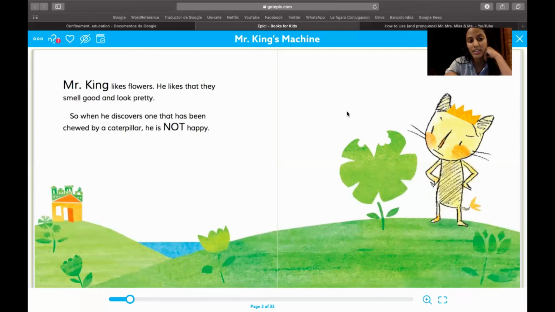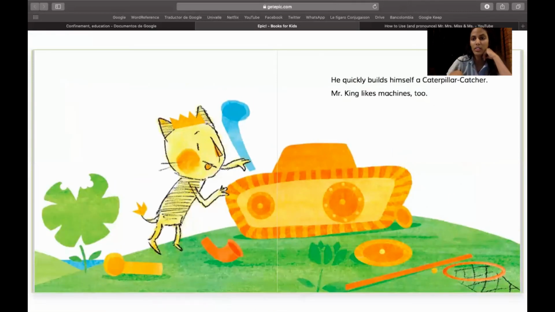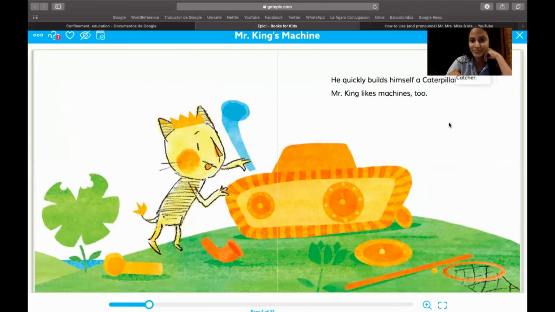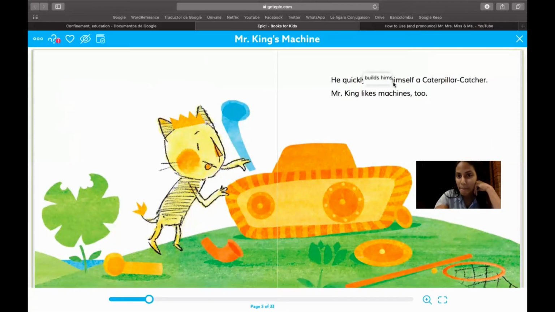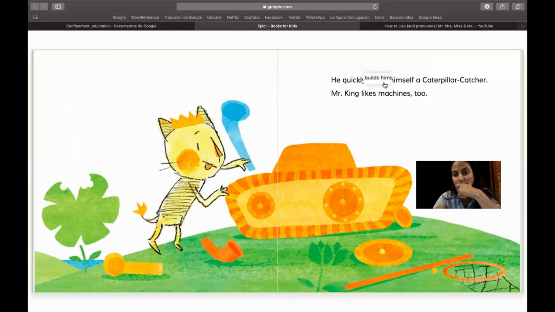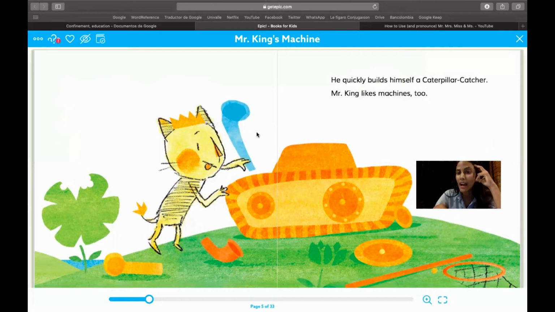Okay, so this was chewed by a caterpillar. So he quickly builds, pay attention, the S at the end, builds himself a caterpillar catcher. Caterpillar catcher. Un atrapador de caterpillars. We're going to see what is a caterpillar.